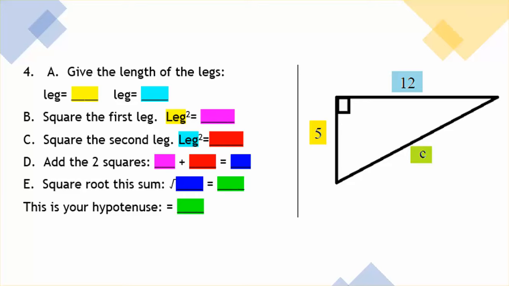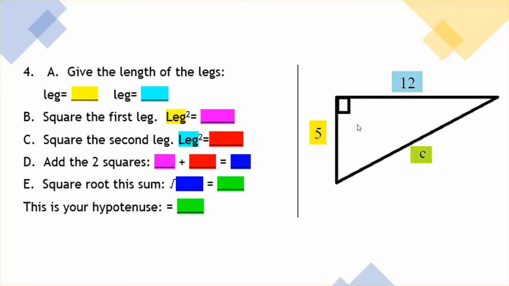So to help set this up step by step, I've color-coded the worksheets. So again, it's really important that we just go through each step and take our time. So let's do number 4 together.